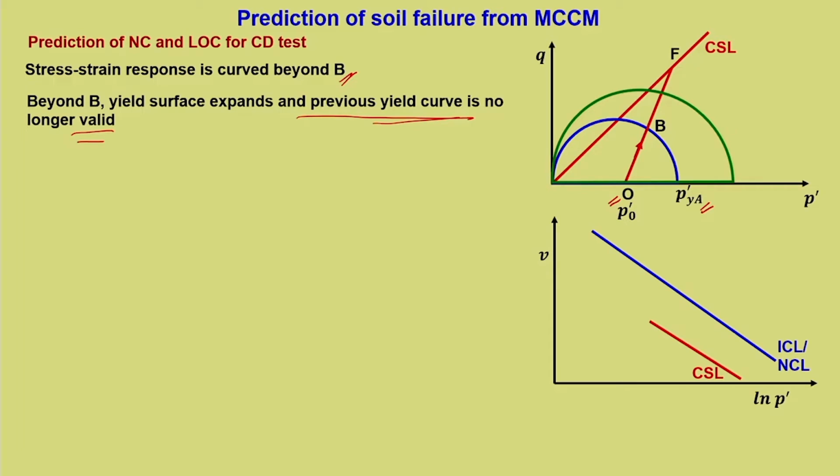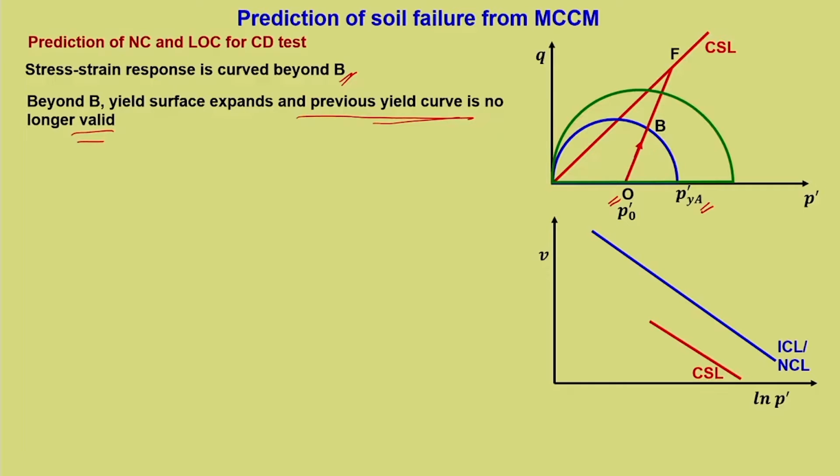Now, this is an intermittent yield curve, this green one before failure. You can see that this particular yield curve is not touching the point of intersection of ESP with critical state line. We have discussed in our previous lectures which yield curve defines the failure one, that yield curve beyond which there is no further expansion of yield curve.